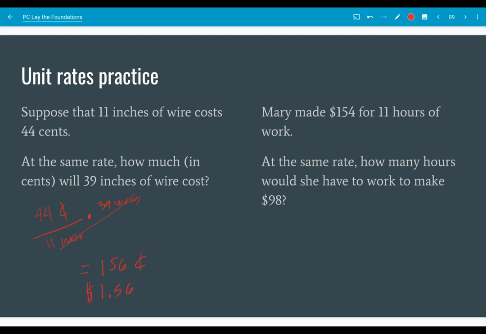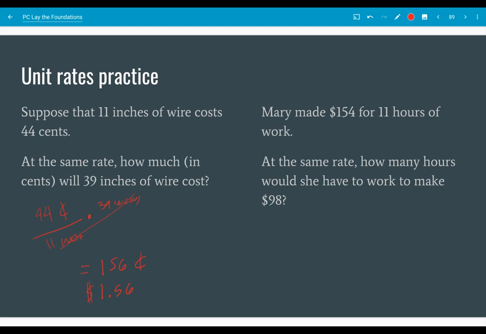Which again, if we use our sifter method and we do our gut check, we know 11 inches is 44 cents. So 3 times that amount gives us 33 inches, which is close to where we're at. 3 times 44 is going to be 132, roughly speaking. And that puts us in the ballpark.